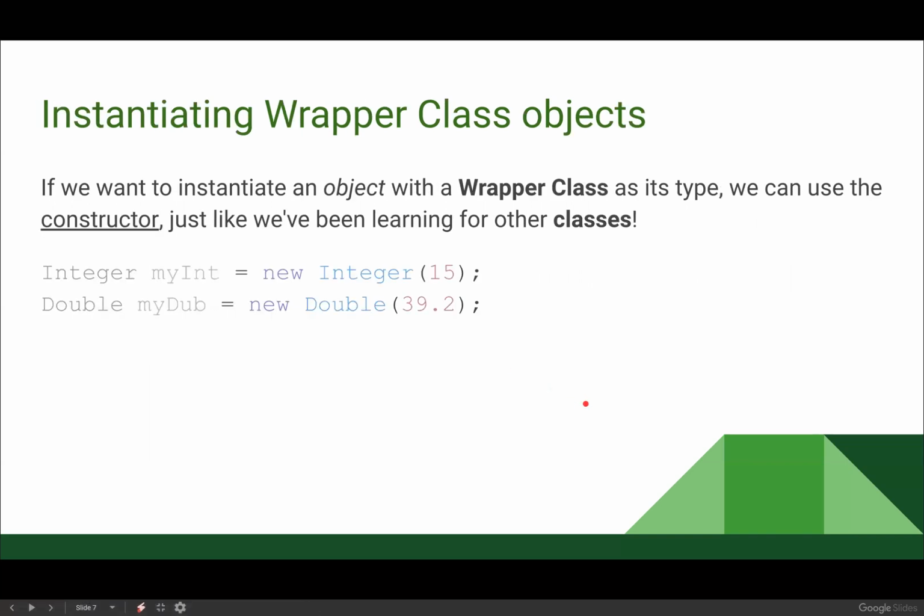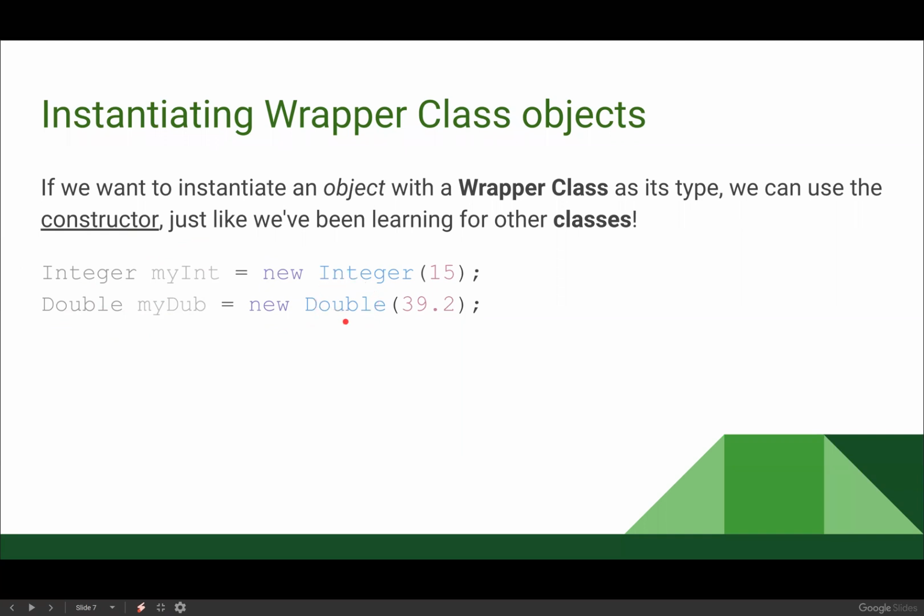So if I want to instantiate an object with a wrapper class as its type, we can use a constructor just like we would for any other class we've learned about. So if I make an Integer object called myInt, I'm going to use my new keyword, my Integer constructor, and I'm going to pass some integer value to store in myInt. Same for my Double. I'm going to make it a Double type object.